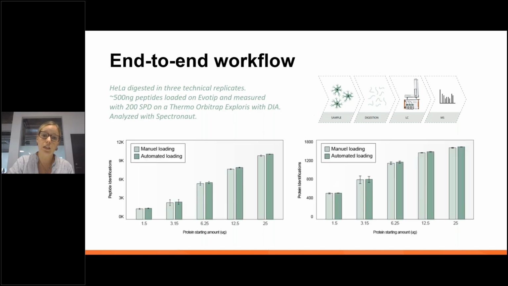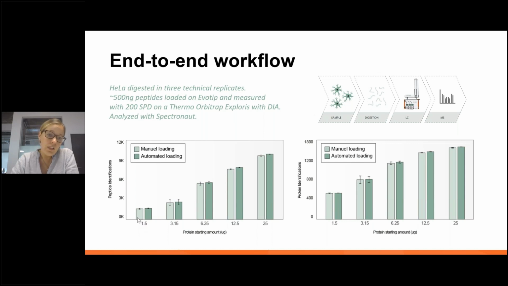So we did a dilution series starting from 25 microgram input protein amount, and then we diluted down to 1.5, and then again we loaded 500 nanogram based on the fact that we didn't have a loss. But we know that of course at lower input amounts, our loss would most likely be higher.